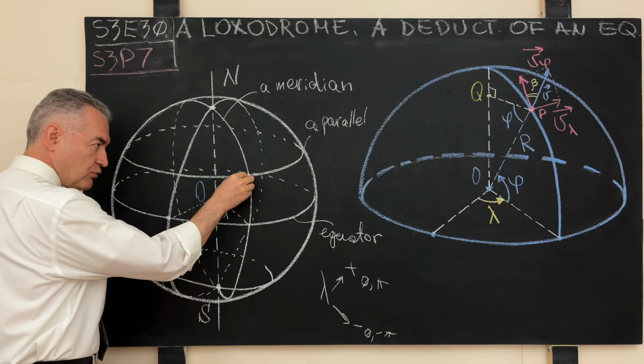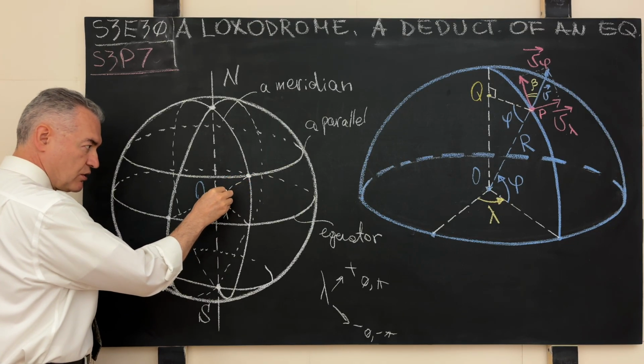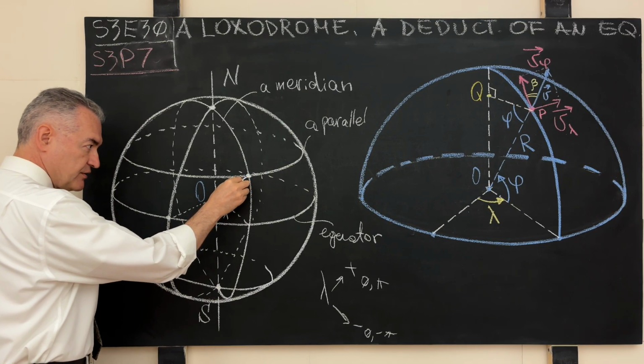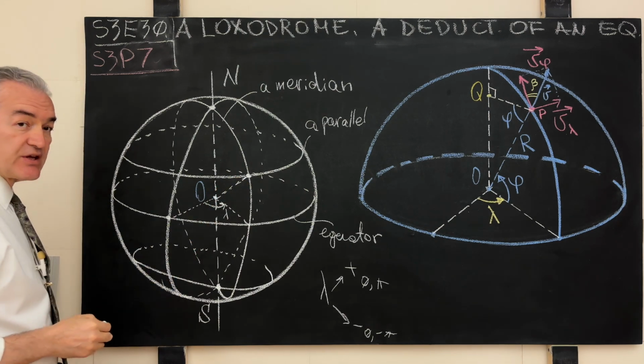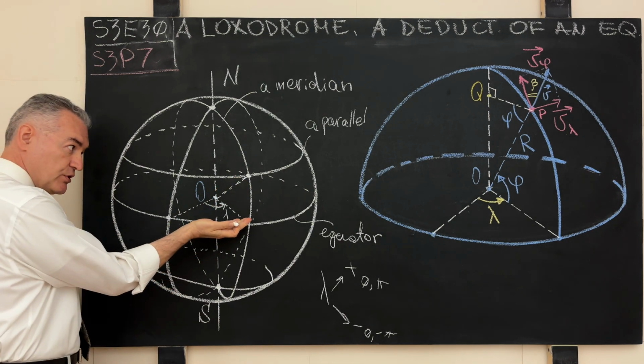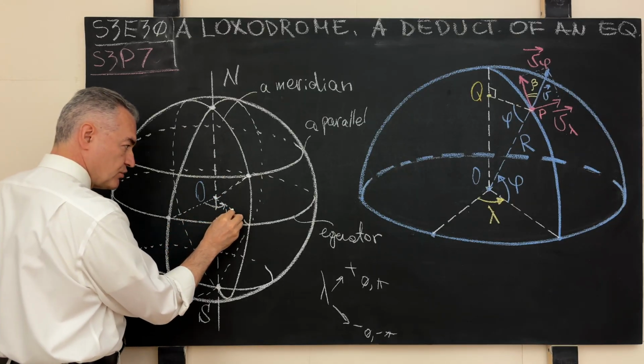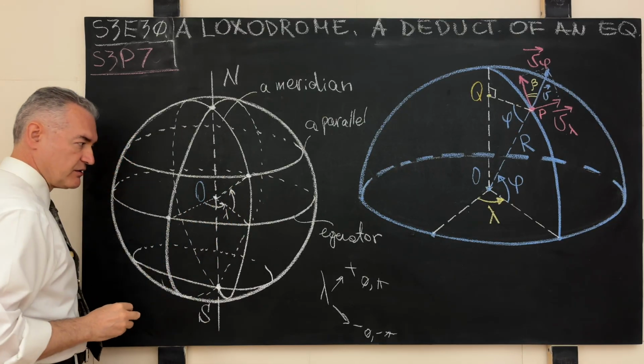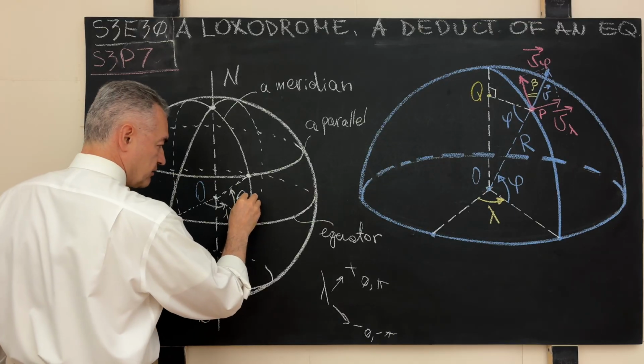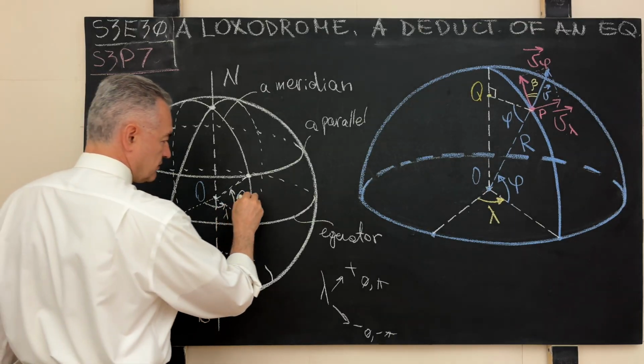Then we connect this point with the center of the sphere this way, and then we measure the angle from the equatorial plane in the corresponding direction. So here we will measure this angle this way. This angle is called a latitude.